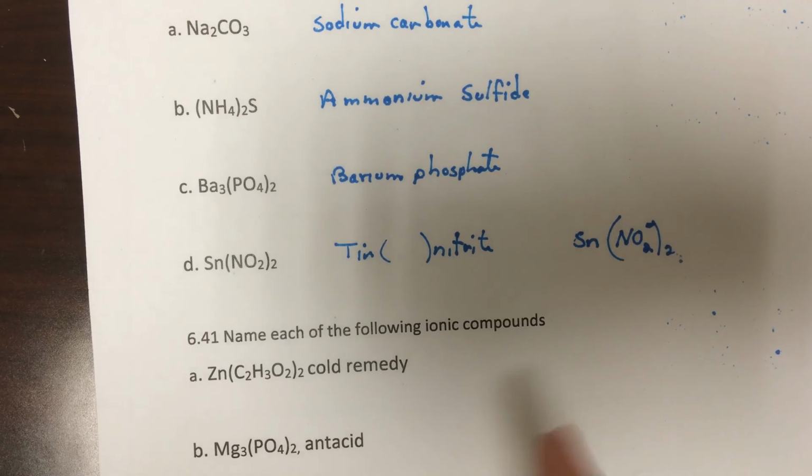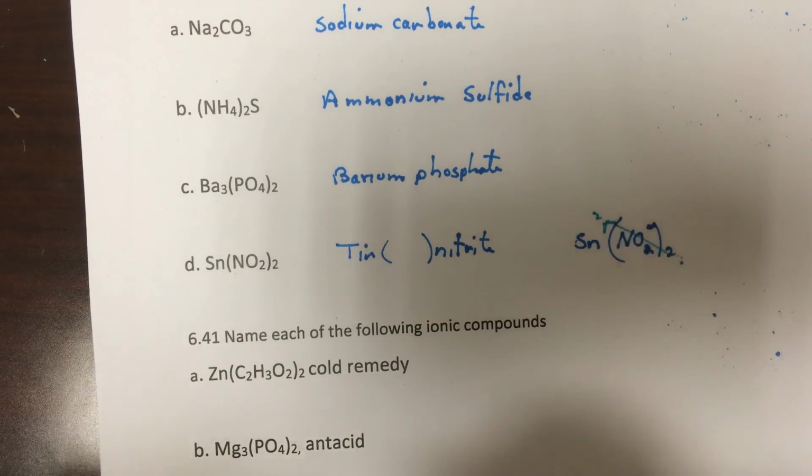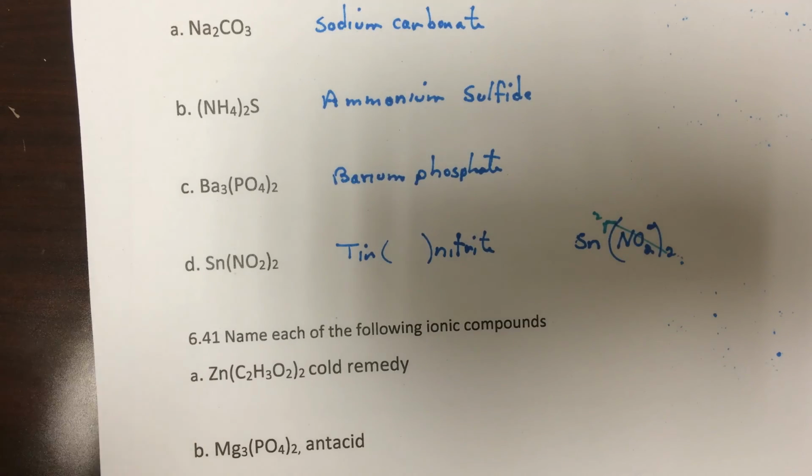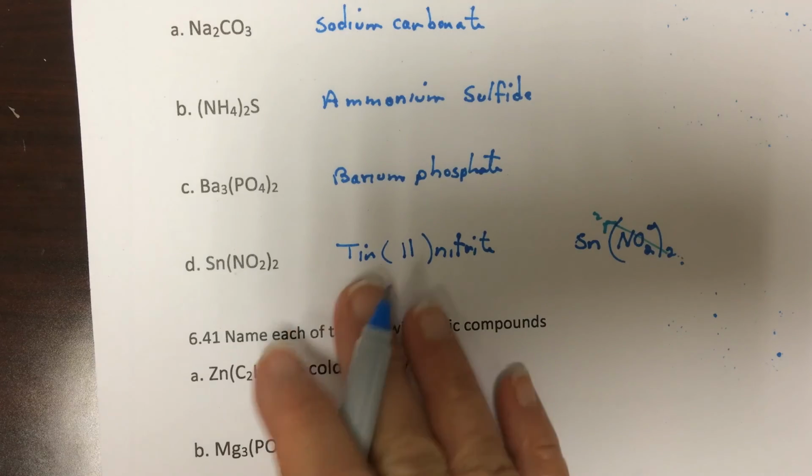So if we do our crisscross up instead of going the reverse, we'll see that tin must have a positive 2 charge. You can always double check yourself on this.